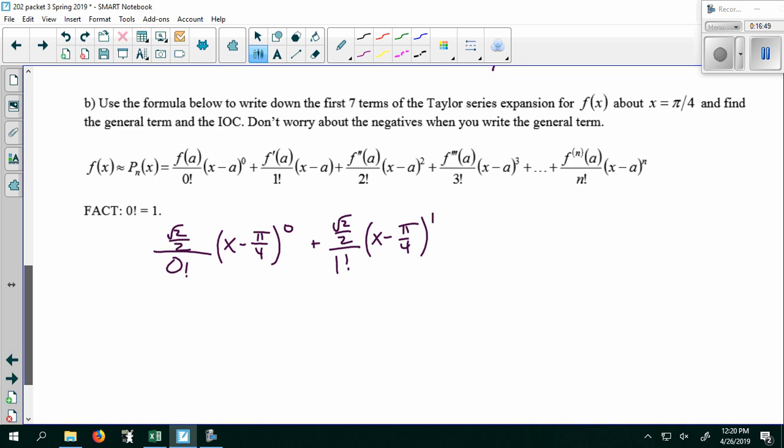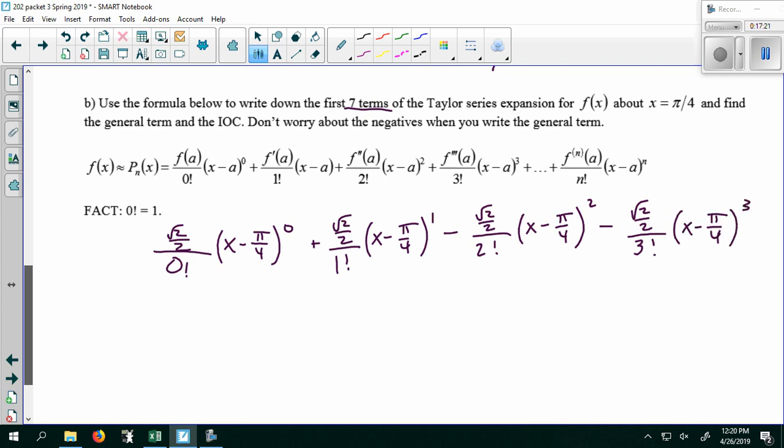It says I'm supposed to write down the first 7 terms, which means I need to go to the 6th power here because my first term had a 0 power. Okay, f double prime was negative root 2 over 2. So I have negative root 2 over 2 over 2 factorial times x minus pi over 4 squared. Triple prime was also negative. Okay, the fourth derivative was positive again.